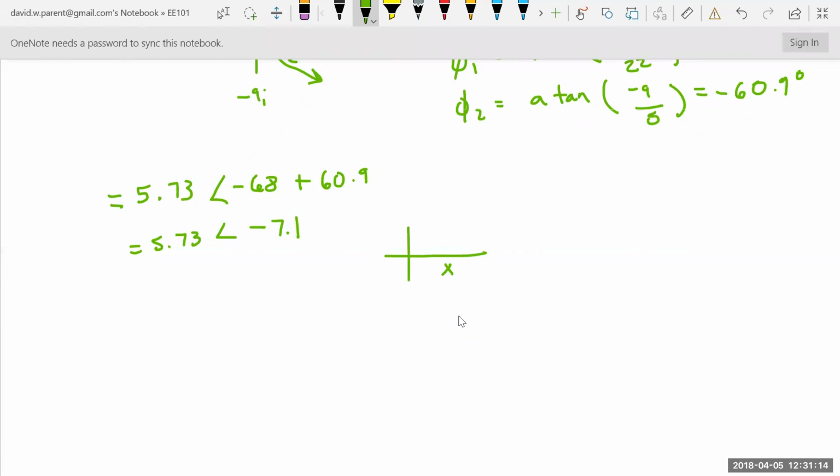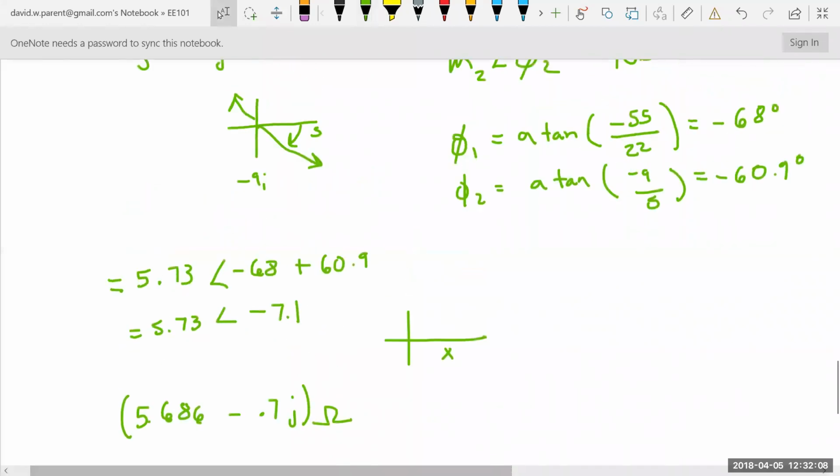So we should have a positive real and a negative imaginary part. And if we've done everything right, there should be a number really close to that.